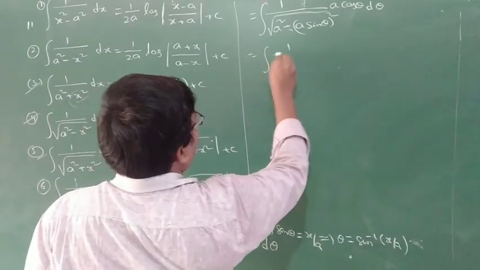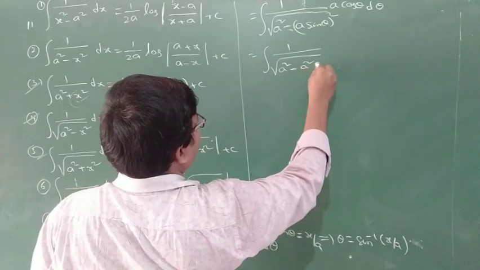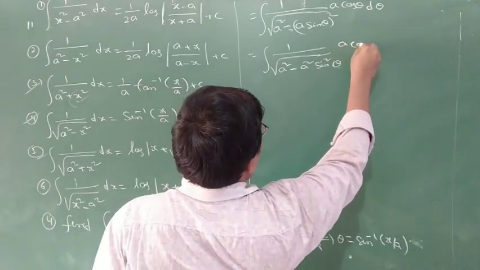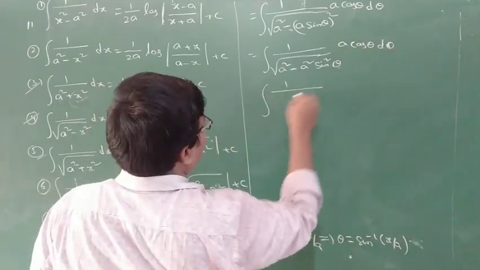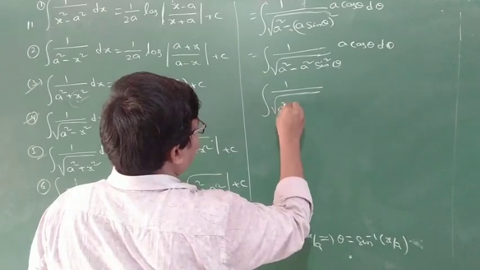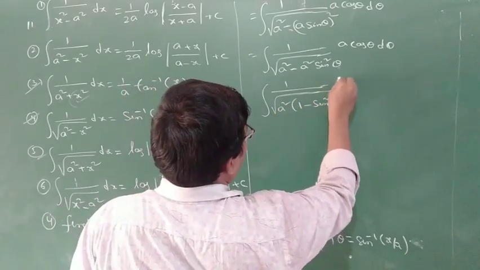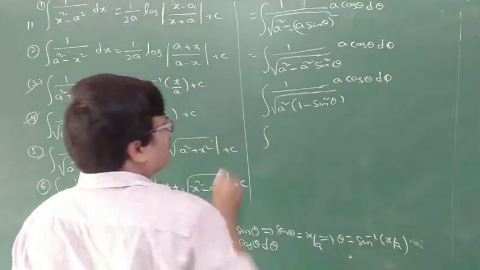So the integral becomes 1 by root of a square minus a square sin square theta into a cos theta d theta. Taking a square common, integral 1 by root of a square into 1 minus sin square theta, into a cos theta d theta.